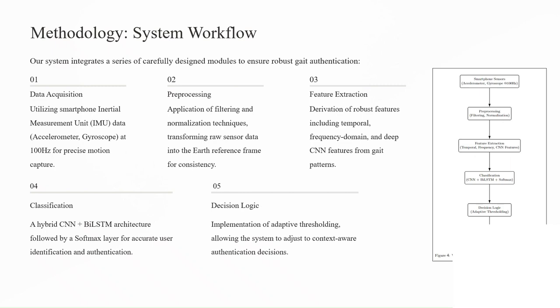Third, we extract features: temporal statistical metrics, frequency features via wavelets, and deep CNN features. Fourth, classification is performed by a CNN followed by a BiLSTM to capture both local and sequential patterns. Finally, an adaptive decision logic applies thresholds based on user history and context to produce the final authentication decision.